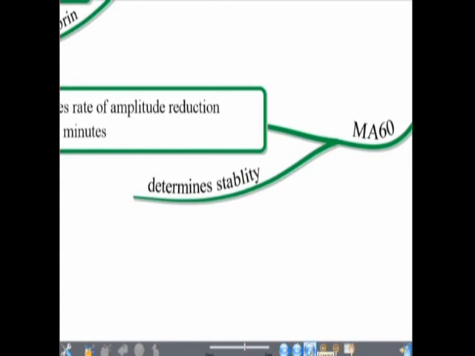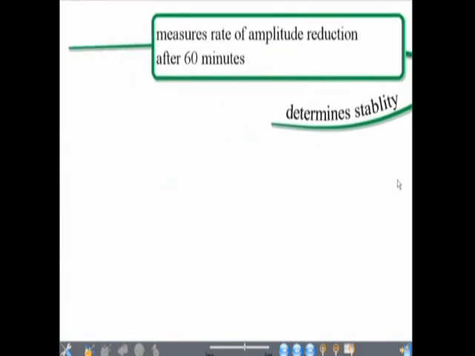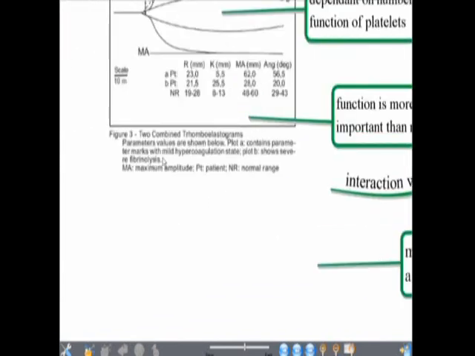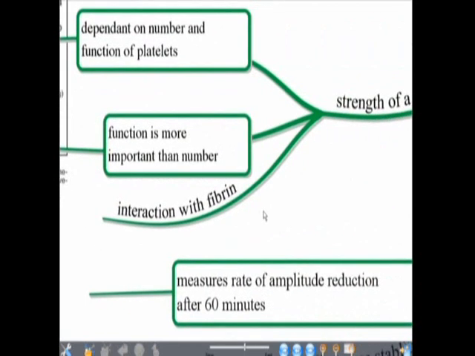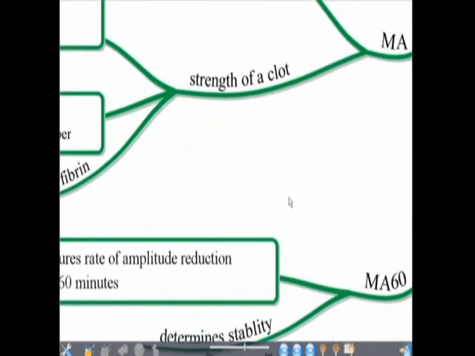If after a while you see that the clots the patient is producing are diminishing in their stability, then you know that probably later on they will bleed. They're not bleeding now, but they might bleed. So you need to start acting.